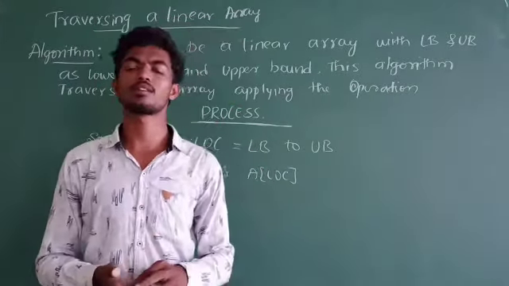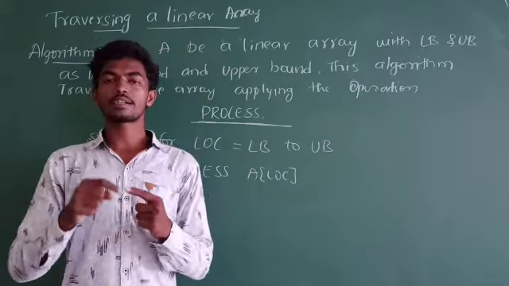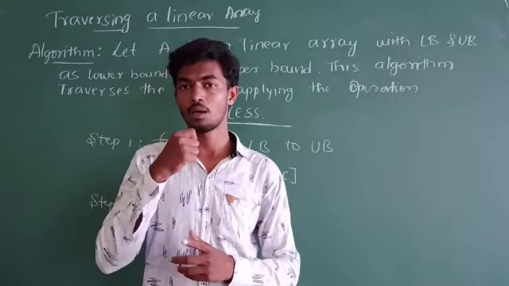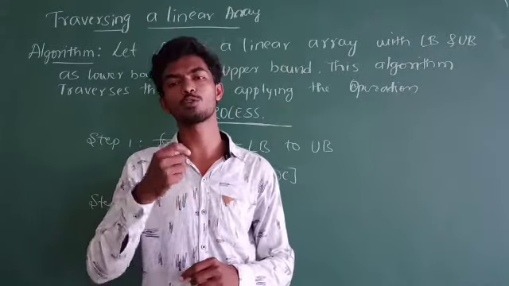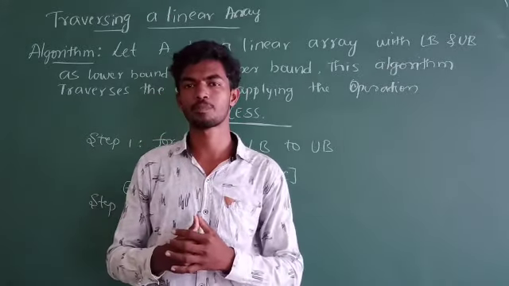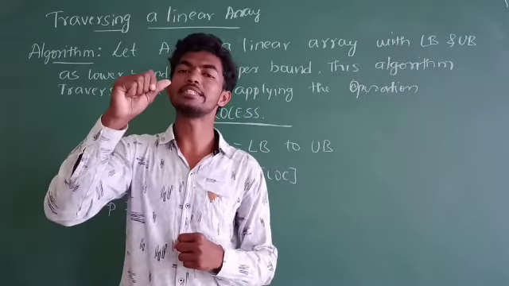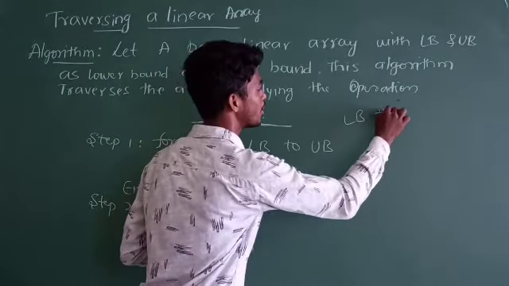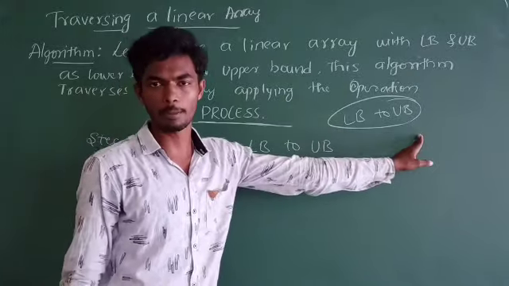What do we mean by traversal of a linear array? Traversal is the operation of visiting each node. In programming terms, it means accessing each node at least once, from LB to UB, that is, from the lower bound to the upper bound.